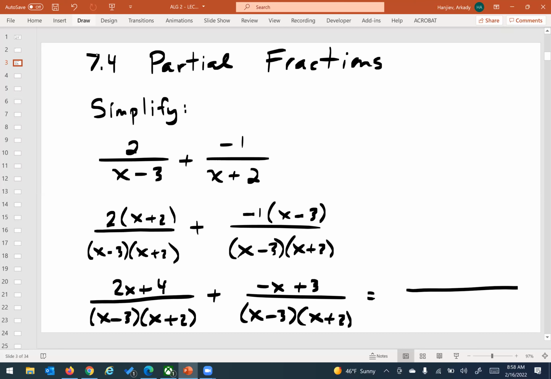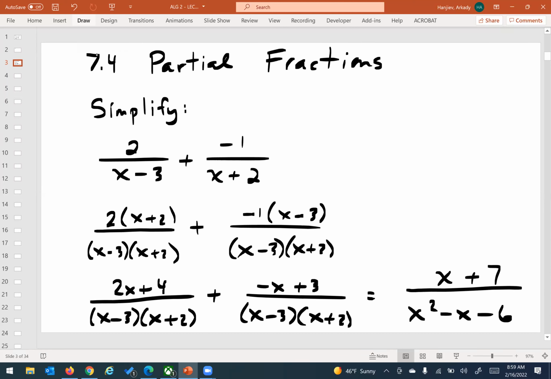And at the end of the day, let's multiply this denominator just for the sake of this section. Minus x minus 6. Are we okay there with the denominator? And top? Yep. x plus 7. Okay, are we good there? Done. Yay. That was algebra 1.